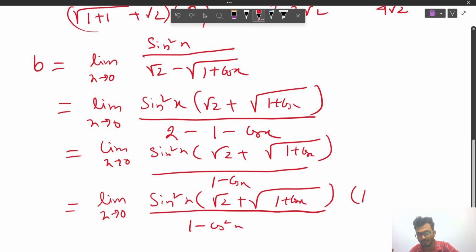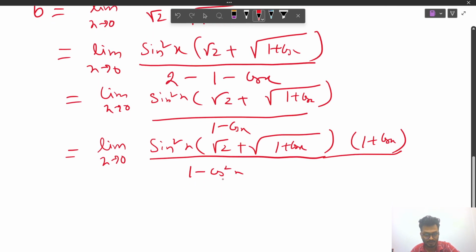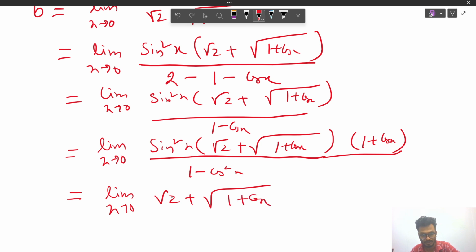We are multiplying with 1 plus cos x, numerator and denominator. Now we know that 1 minus cos square x is sine square x, so this will get cancelled, and we get limit x tends to 0 of root 2 plus root over of 1 plus cos x, into 1 plus cos x.